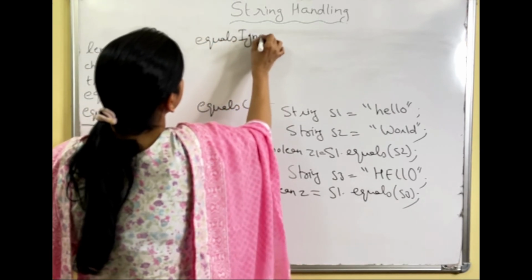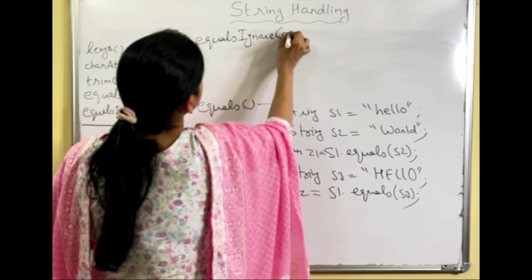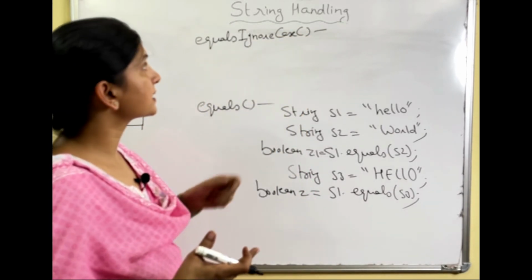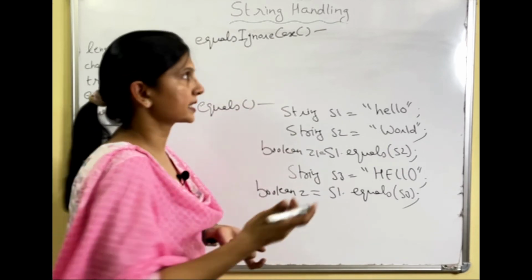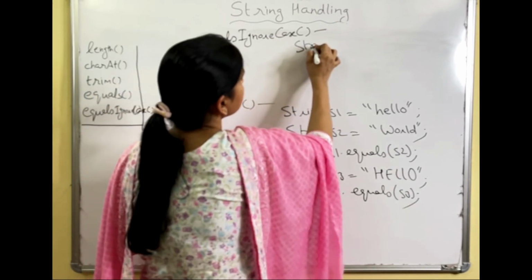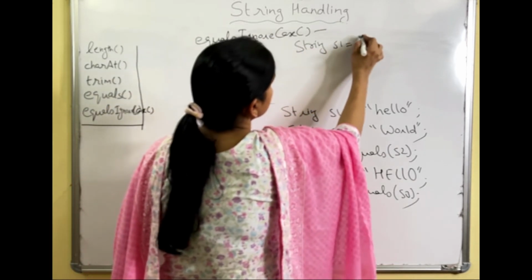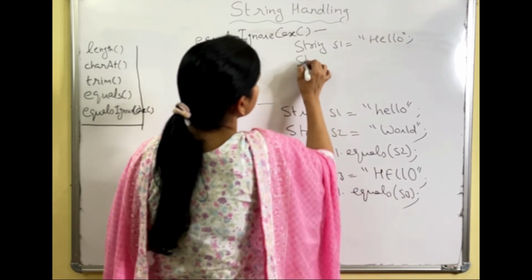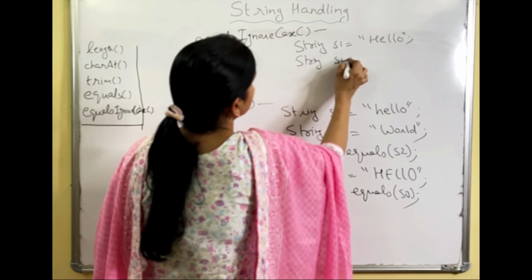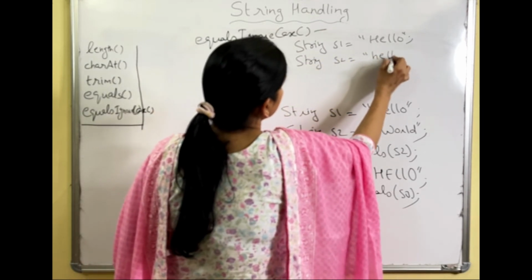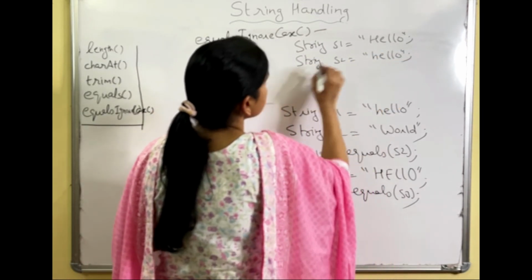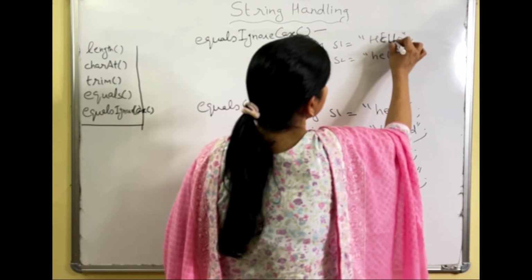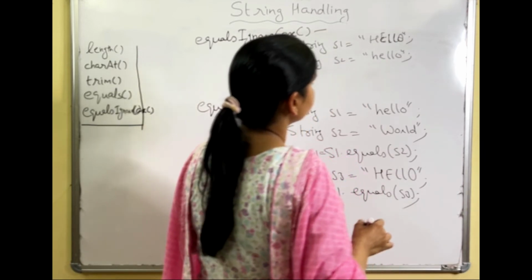equalsIgnoreCase. As the name indicates, it also compares the strings but by ignoring the cases. So in this case, if I take string s1 hello, and string s2 hello in small case, and this I am taking in capital HELLO, right?